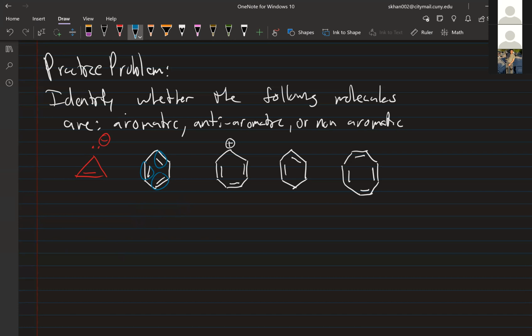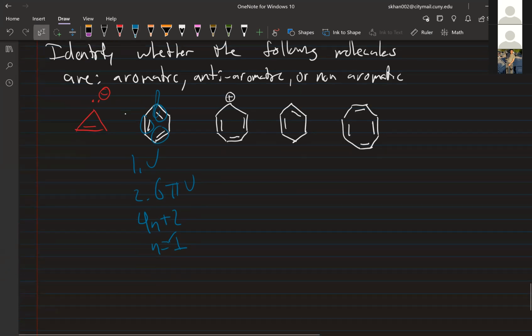Does this obey rule 1? Yes, right? Because it has a p orbital at every position here, and we know it's a flat molecule. So rule 1, check. Rule 2, it has 6 pi electrons. That fits for 4n plus 2 for n equals 1, right? If it's a Huckel number, therefore it is aromatic.